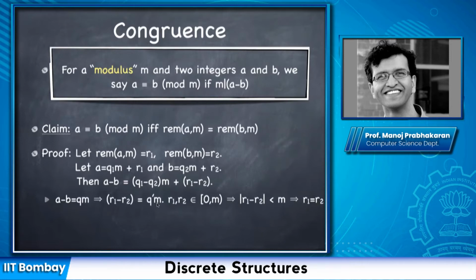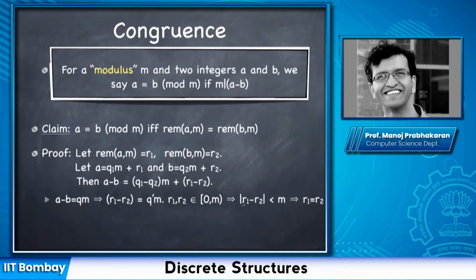On the other hand, we know that the absolute value of R1 minus R2 lies in the range 0 to M minus 1. Why is this? Because R1 and R2 themselves lie in that range, and the distance between them cannot be bigger than M minus 1.